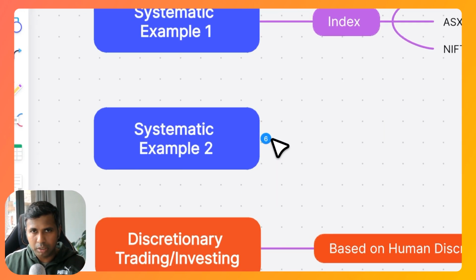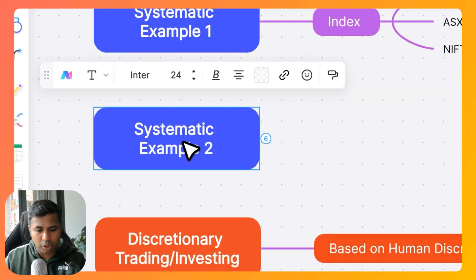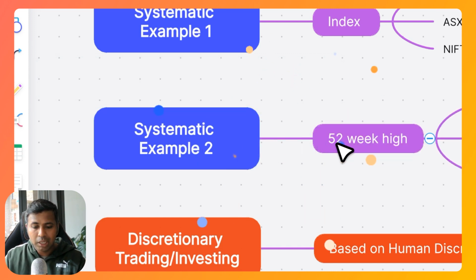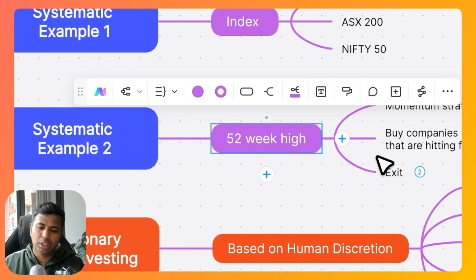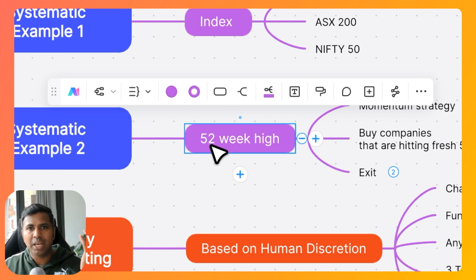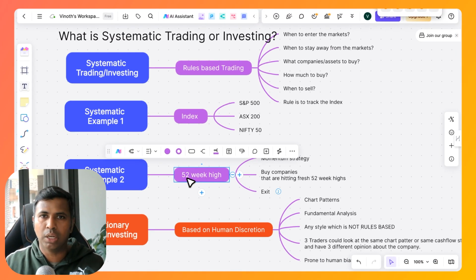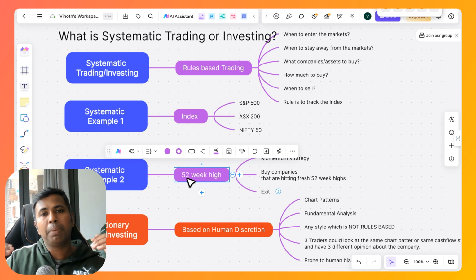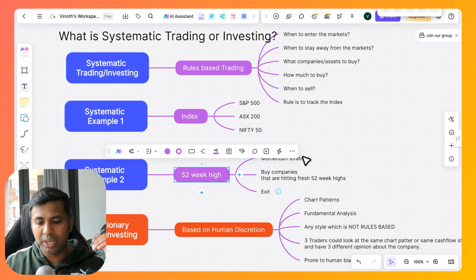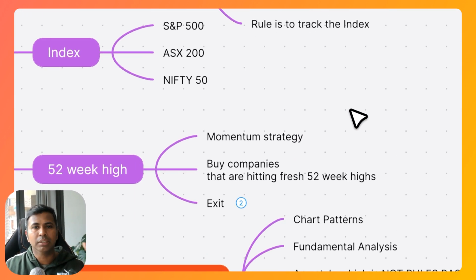Let's look at another example of systematic trading or investing, the 52-week high strategy. What do we mean by 52-week highs? It's the yearly highs. In a year there are 52 weeks, and companies that are hitting fresh 52-week highs are considered as the criteria for buying.